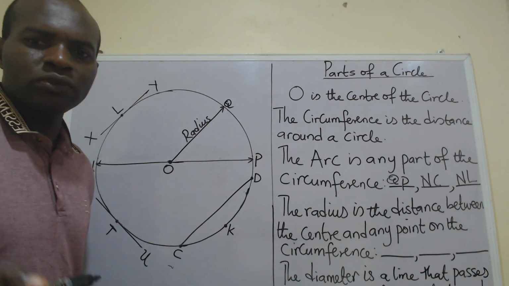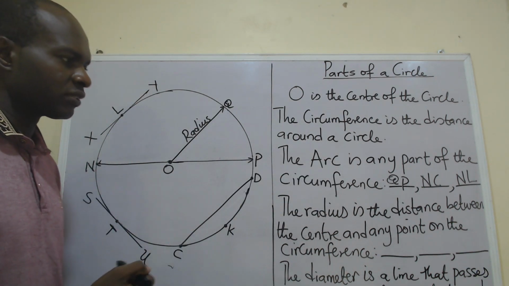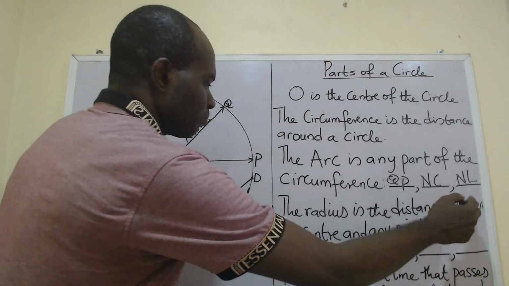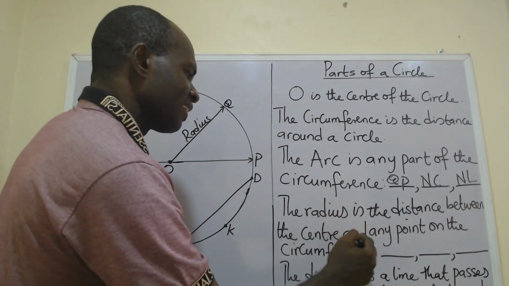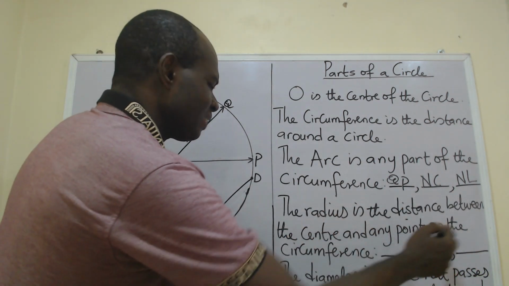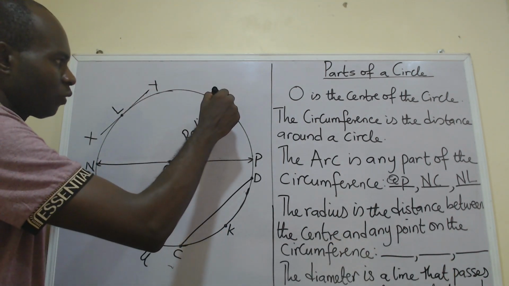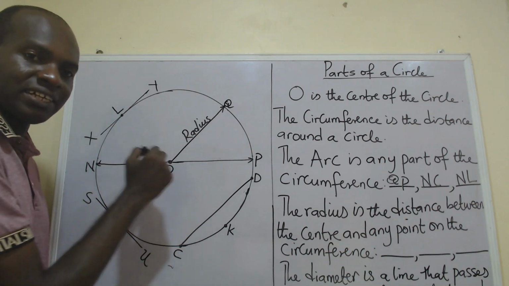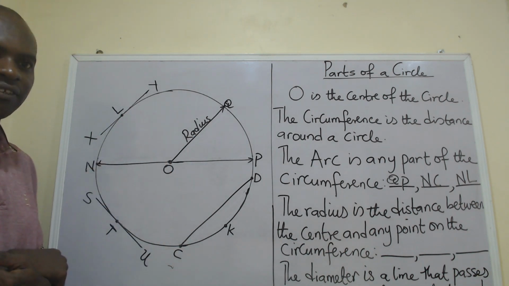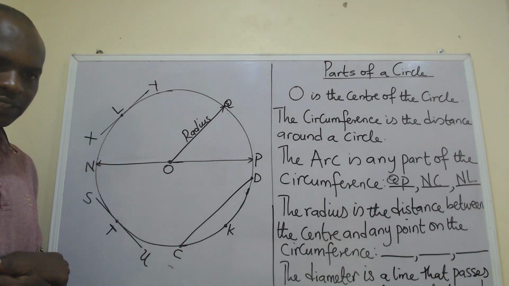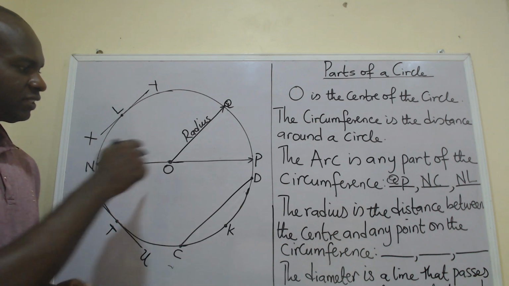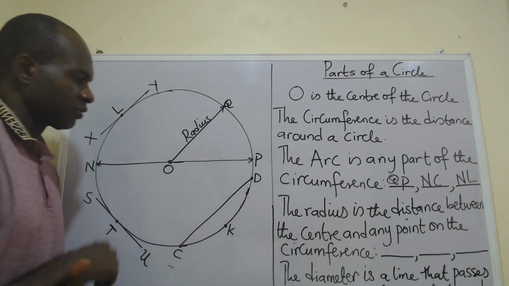Then the next one, the radius. What is the radius? The radius is the distance between the center of the circle and any point on the circumference. The distance between here and this point on the circumference, point Q, is the radius. Can you spot any other radius? This is also a radius.